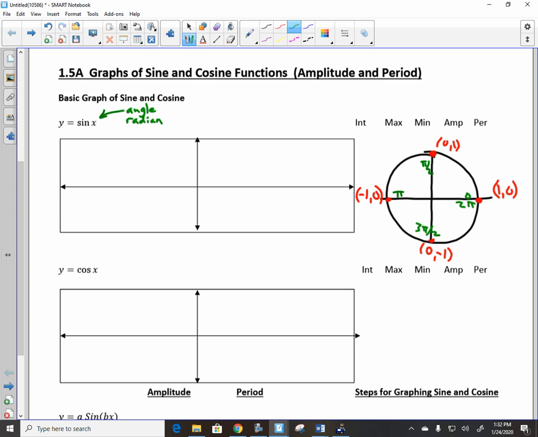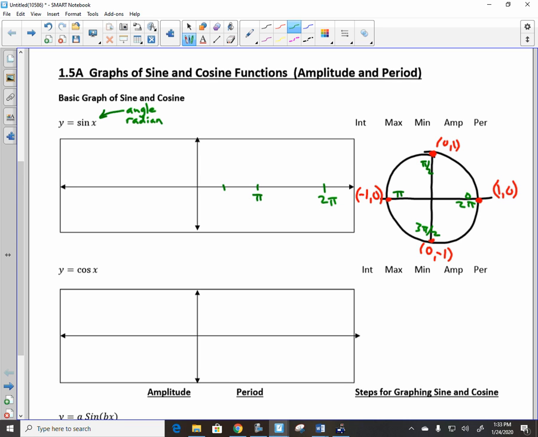And if we continue to go around the circle many, many times, you would just repeat that over and over, right? So we're going to mark off 2 pi to say that's how long it takes before it starts itself over again. And then I'm going to divide 2 pi into 4 parts. If I divide it in half, I get pi.